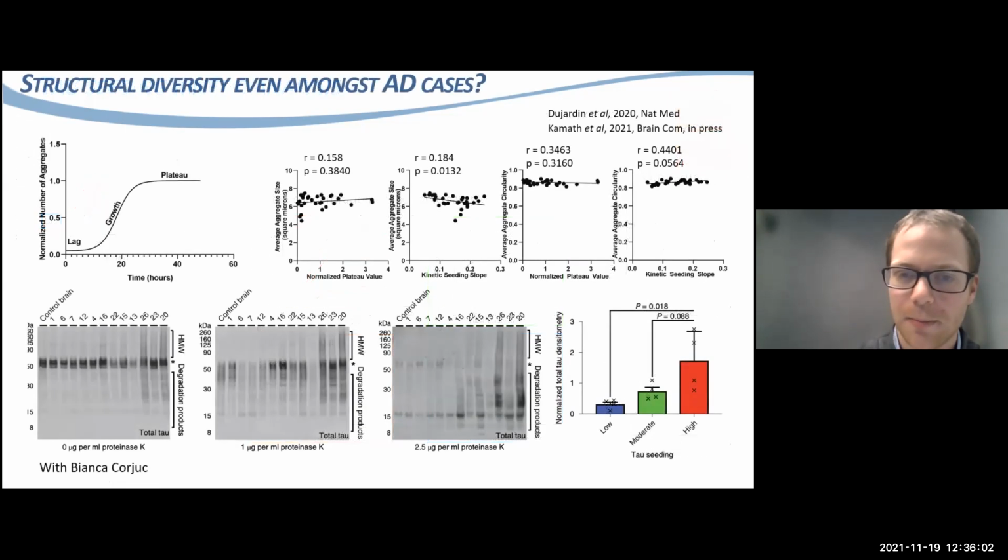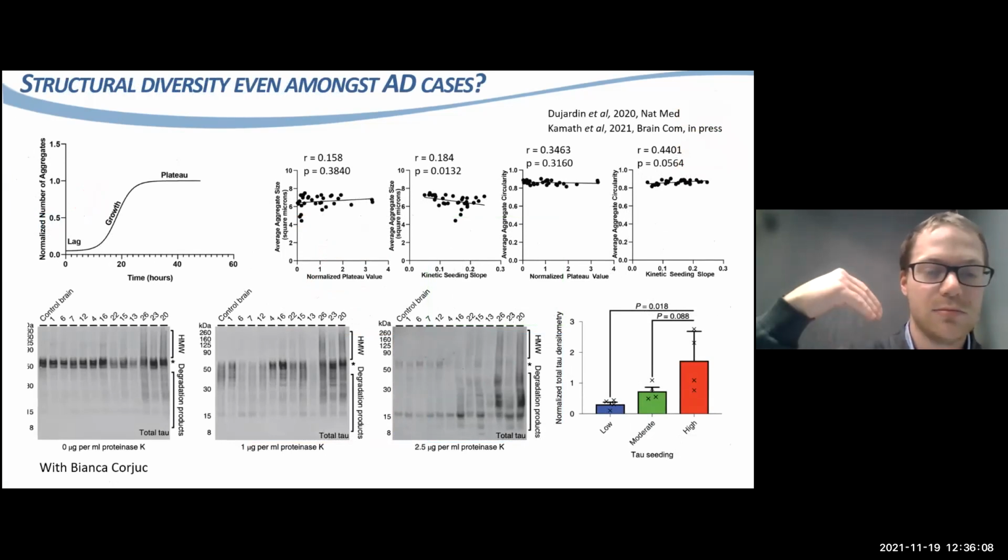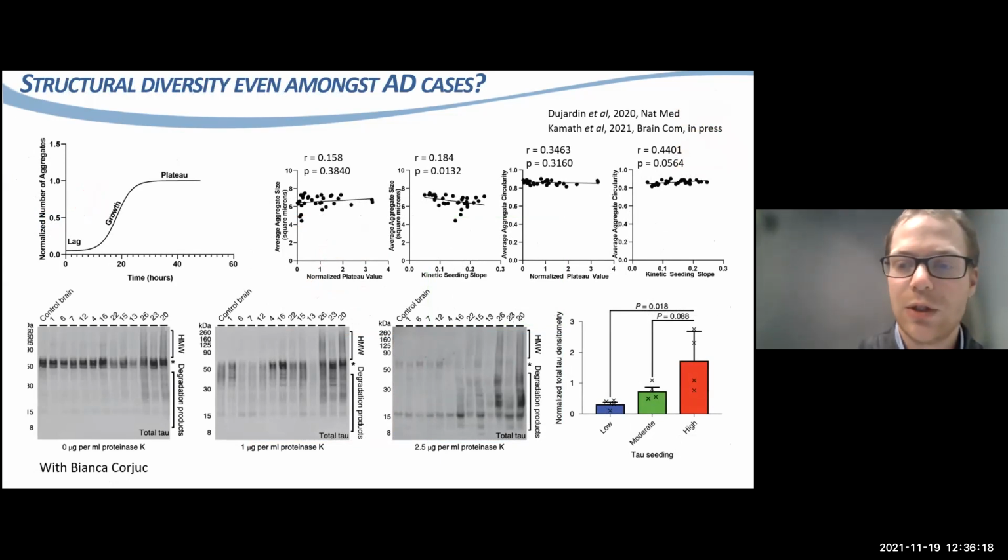On another hand, if you take the different AD cases and you try to find if you have differences between lag and plateau and growth phase, you can see that you have differences in the growth phase, and that these differences in the growth phase correlate quite tightly with the aggregate shapes.